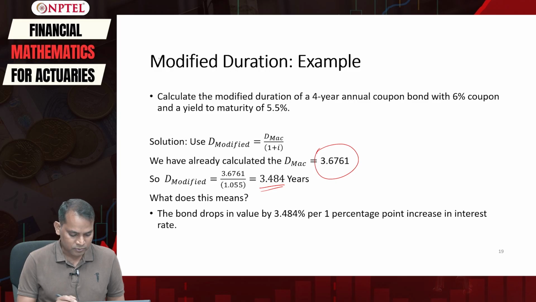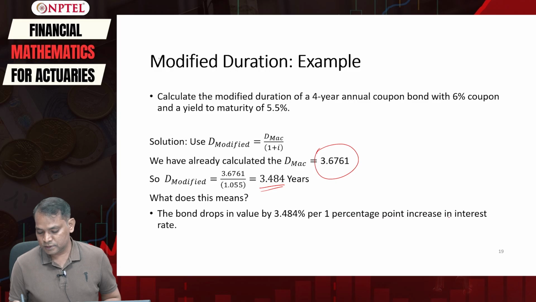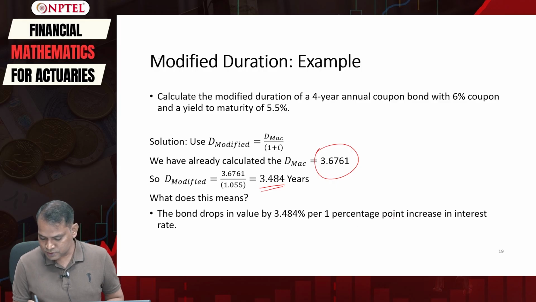Therefore the bond price drops in value by 3.484% per 1 percentage point increase in the interest rate, and not simply a 1% increase. We will call it a 1 percentage point increase in the interest rate.